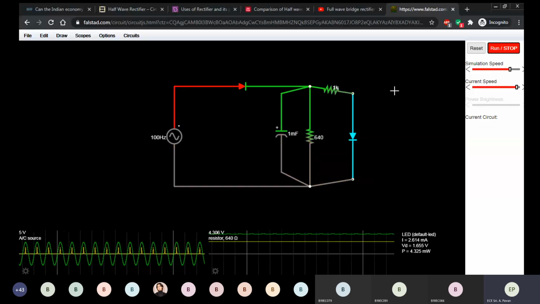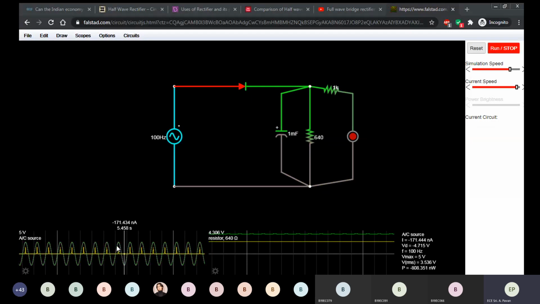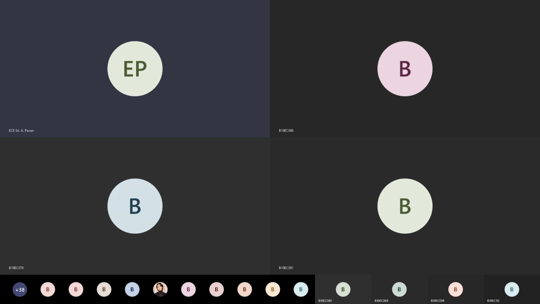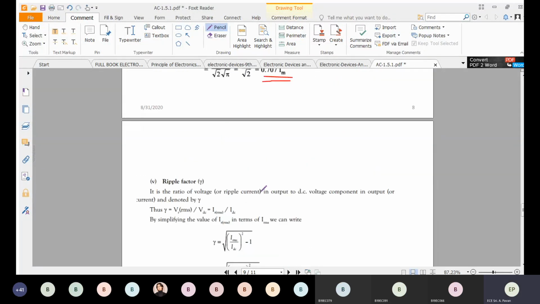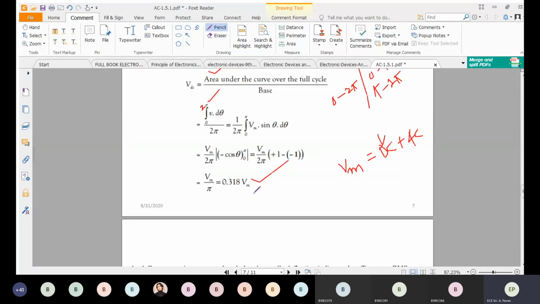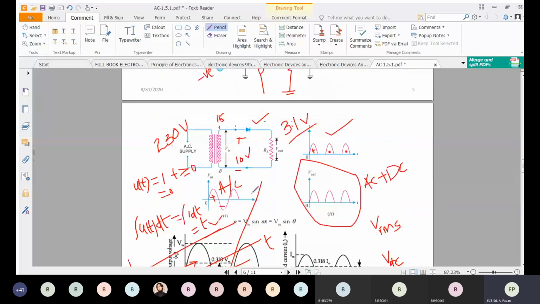Why? Because, see here, this is our presentation. This is our half wave rectifier output.